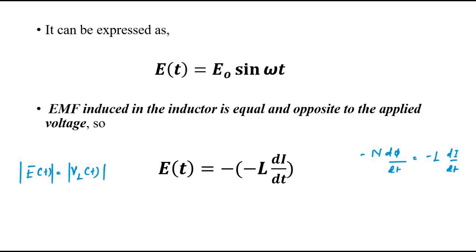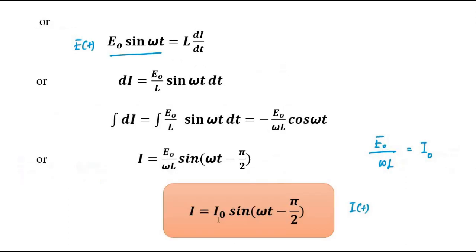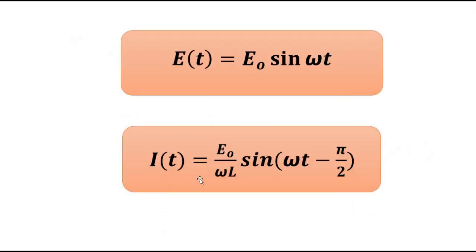Here the current is lagging behind the voltage by pi by 2 radians or 90 degrees. In purely inductive circuits, the current lags behind the voltage by pi by 2, or you can say that the voltage leads the current by pi by 2 radians or 90 degrees.